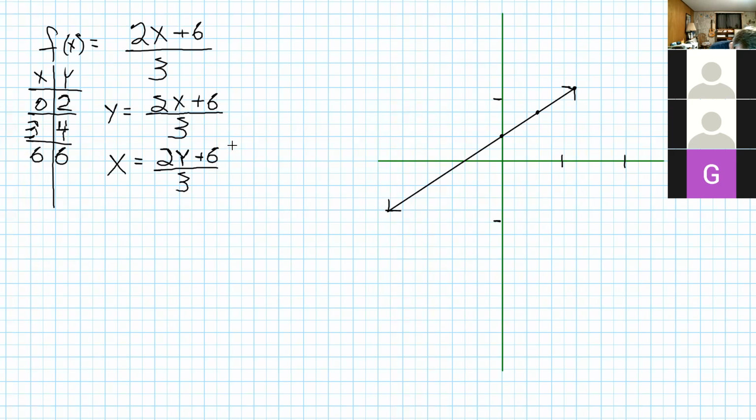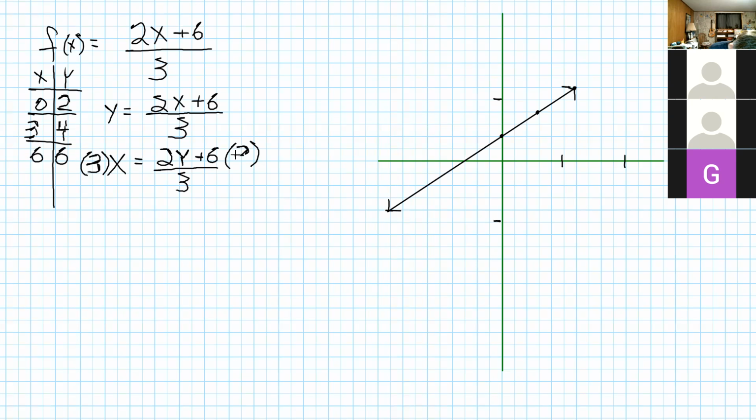So first of all, let's clear the fraction. We'll multiply both sides by 3. I had to choose 3. I think 3 is one of the worst numbers to try and do for whatever reason. It's like it's taking forever to graph.